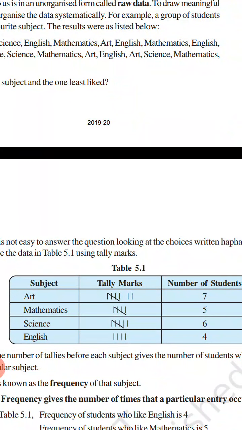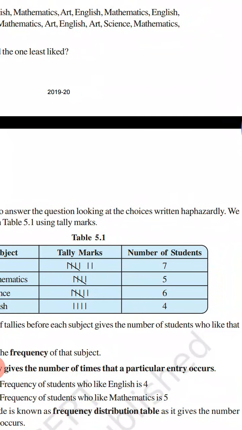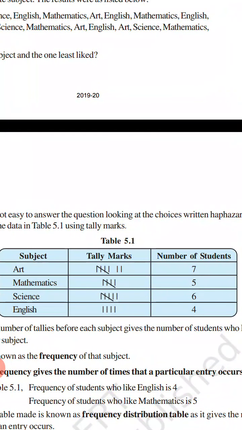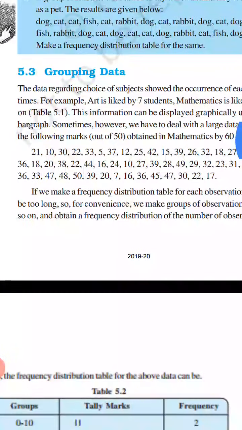You add 5 plus 2, 7. This is 5, this is 6 and this is 4. So this is the table, and you can see from here that art is the most favorite subject because the frequency is 7 here.